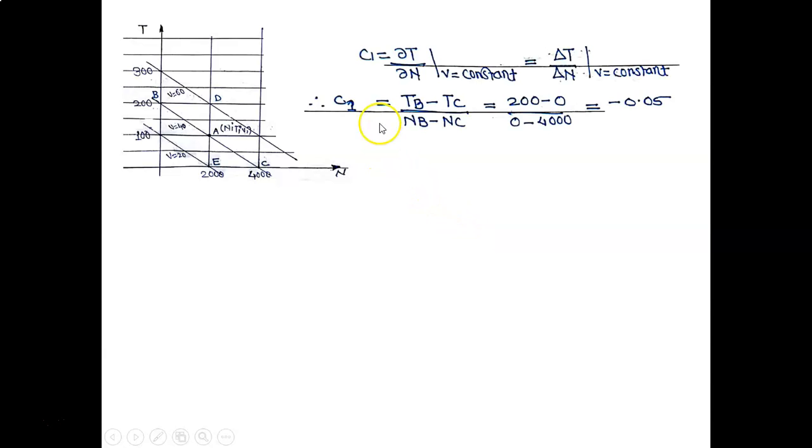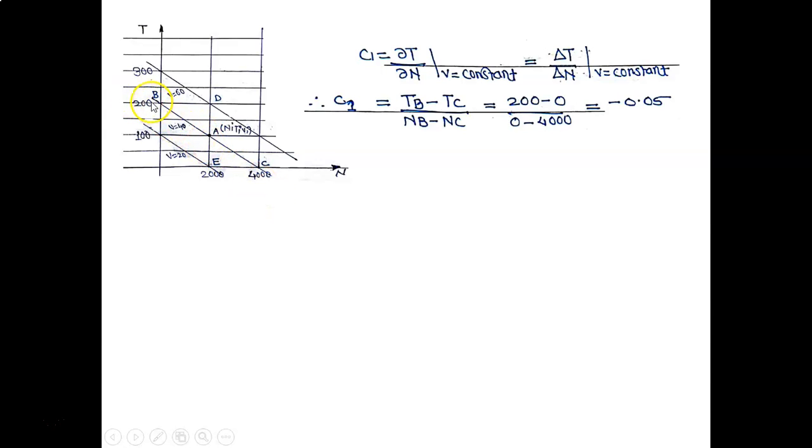Therefore, what is the value of C1? C1 is equal to dou t divided by dou n, when V is equal to constant. What is the constant value of V? That is the mean value of the voltage, 40.